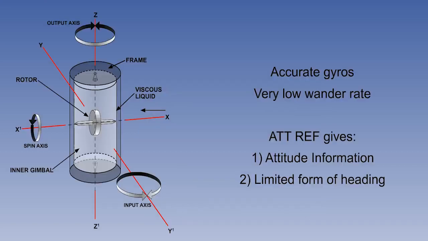The system now gives attitude information and a limited form of heading. The gyros are normally very accurate, but there is no correction for earth rate and transport wander, and the heading needs to be reset periodically to an independent source, which is usually a magnetic compass. In effect, the gyros are acting as a super-accurate form of DGI and as an attitude indicator.